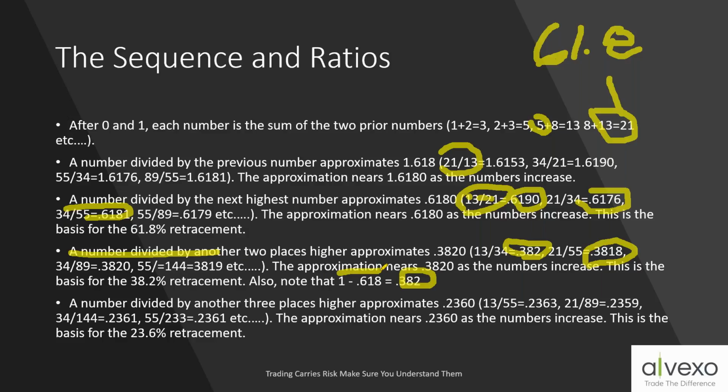If we also take the number 1 and subtract the 61.8, guess what? It gives us 38.2. So we either get 38.2 from the division, and it's also consequentially the number 1 minus 61.8. And this is where these numbers come from to make up what's called the ratio.